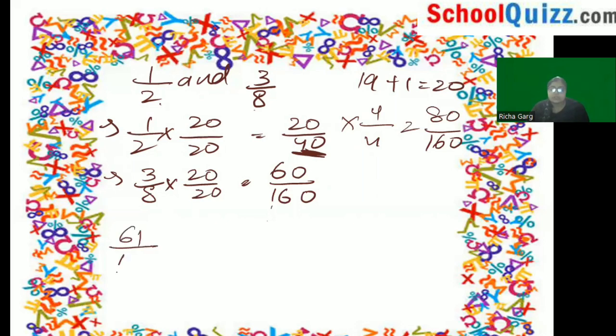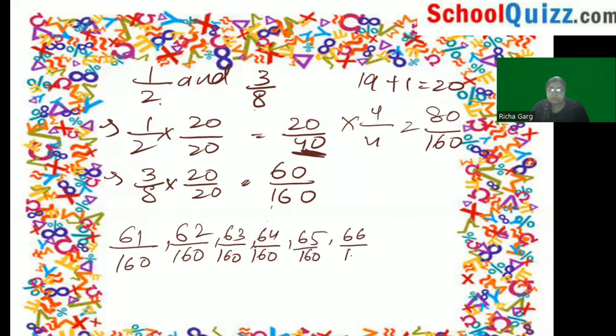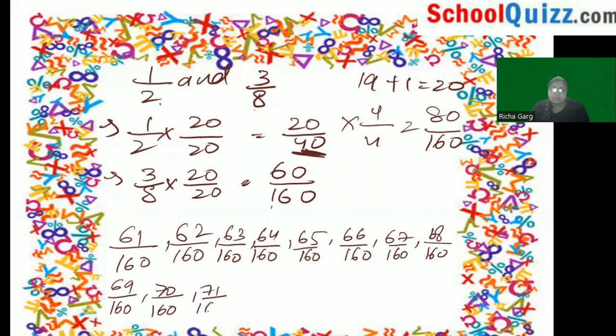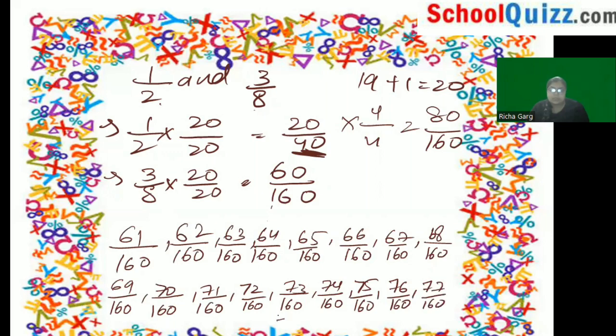Yes, so let's start. 61 upon 160, 62 upon 160, 63 upon 160, 64 upon 160, 65 upon 160, 66 upon 160, 67 upon 160, 68 upon 160, 69 upon 160, 70 upon 160, 71 upon 160, 72 upon 160, 73 upon 160, 74 upon 160, 75 upon 160, 76 upon 160, 77 upon 160, 78 upon 160, 79 upon 160.